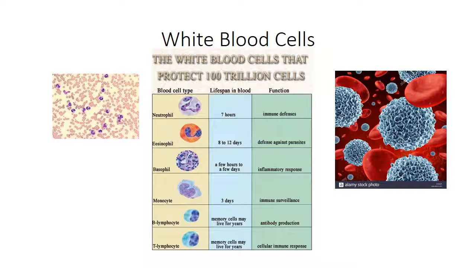And to the right, you see scanning electron microscopy pictures of white blood cells. They look beautiful under the scanning electron microscope. They're significantly larger than red blood cells, not to mention platelets.